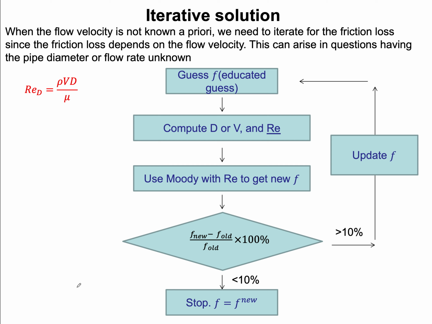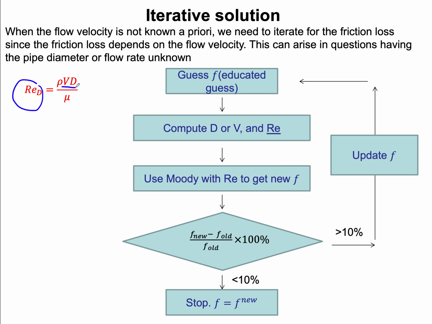As we said at the beginning of this chapter, we have two types of problems that we are going to face. The first set of problems is where we are able to compute the Reynolds number, so we know the pipe diameter and the velocity of the flow, which is the easiest type of problem, and these do not require iteration.